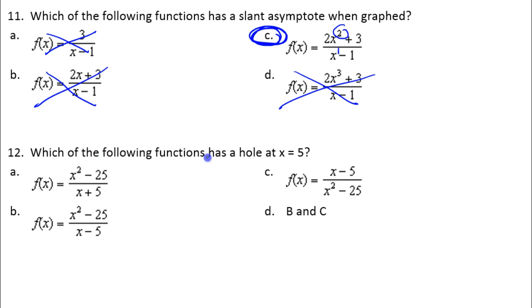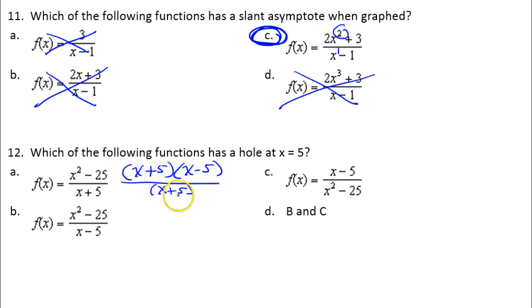Now, which of the following has a hole at x equals 5? Now, a hole happens when you have a factor that cancels out in the numerator and the denominator. Now, all of these have a factor that cancels out, so we just need the one that's going to give us x equals 5. So if you look at A, for example, the numerator factors as x plus 5, x minus 5, over x plus 5.